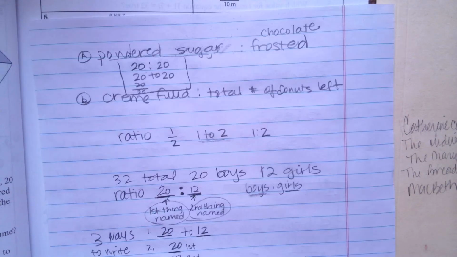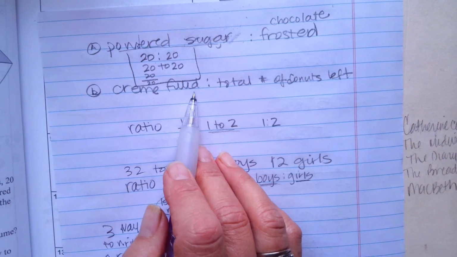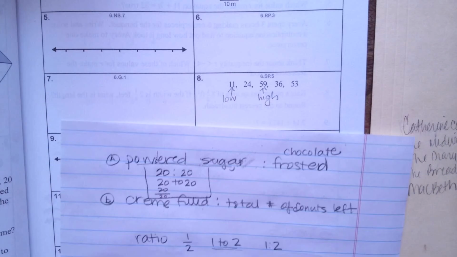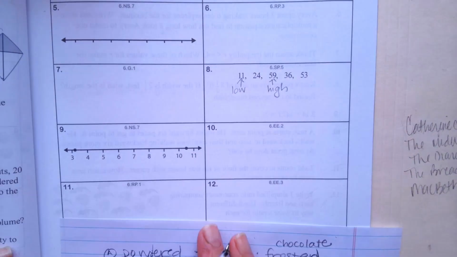So now I have to list all three of them? So just cream filled. So for number 11, it's going to look like this.